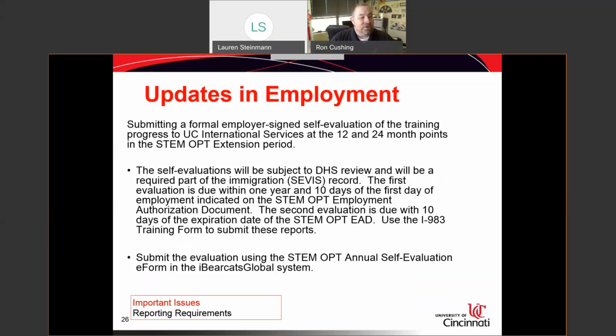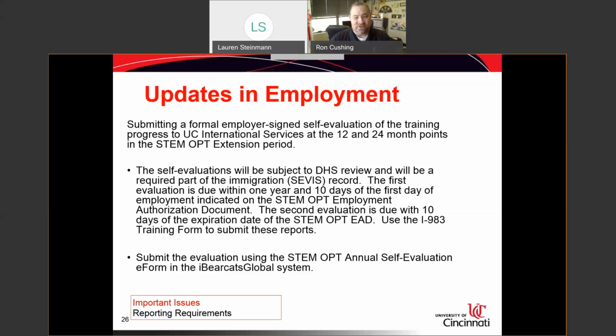Now, when you're submitting a formal employer-signed self-evaluation, you have to first, every 6 months, report to us that you're still employed, but then at the 12-month mark and then at the 24-month mark, you have to submit annual evaluations. Those are done on the I-983 form itself. There are sections for the 12-month evaluation, and there's a section for the final evaluation.